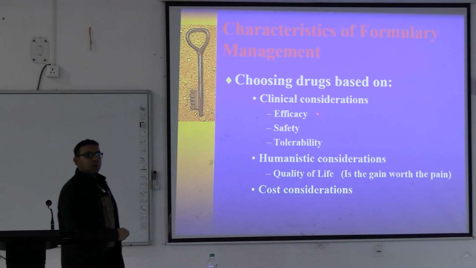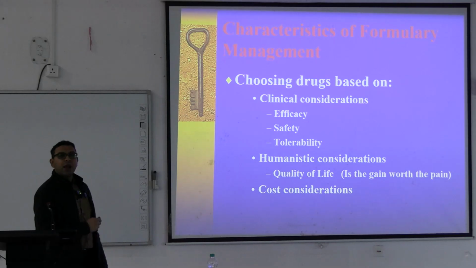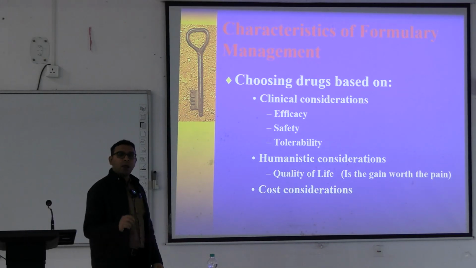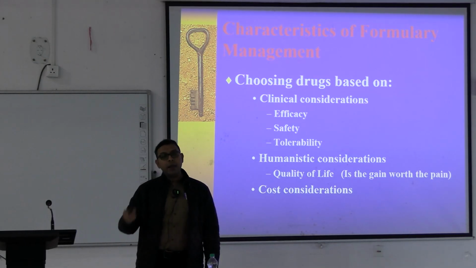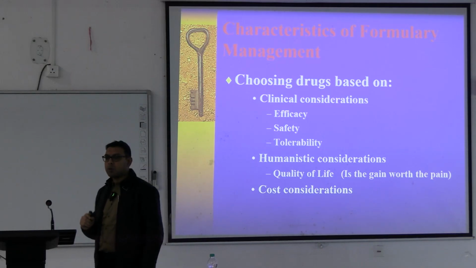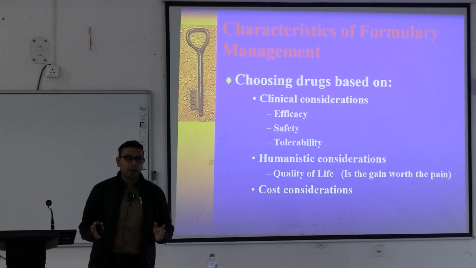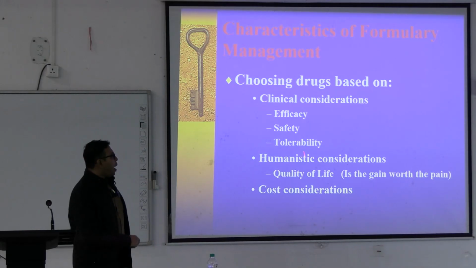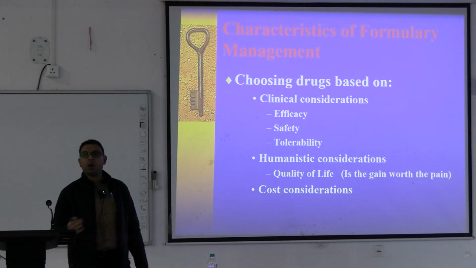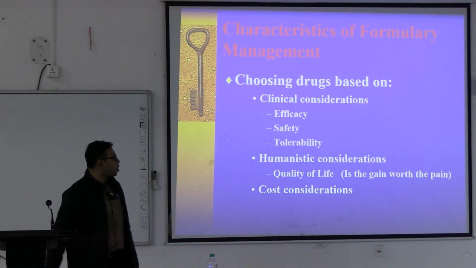So you have to choose according to their efficacy, safety and tolerability. The first is whether the drug is efficacious in that particular patient population, whether it is safe or not, any history of adverse drug reactions or whether they are minimal, and tolerability, whether it is tolerated by that group of patients or not.